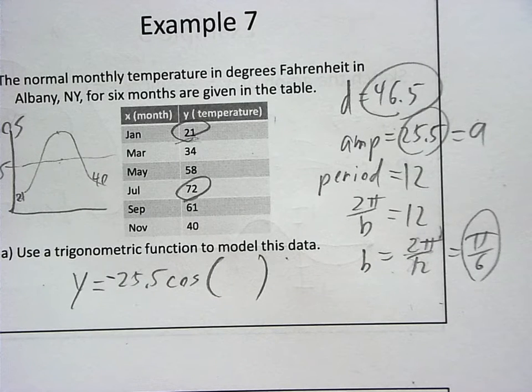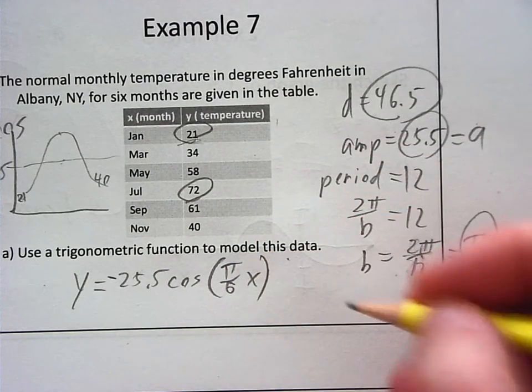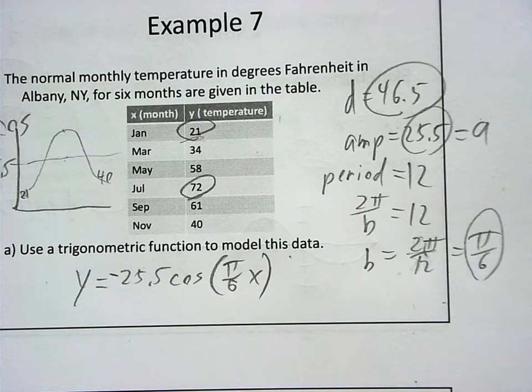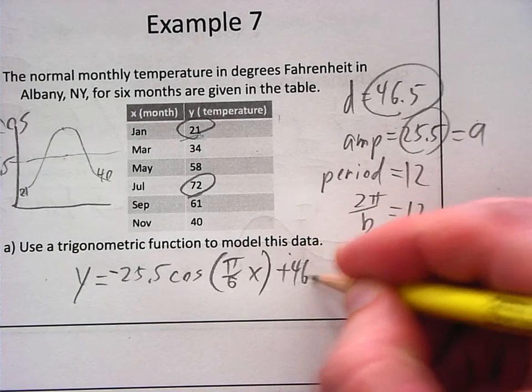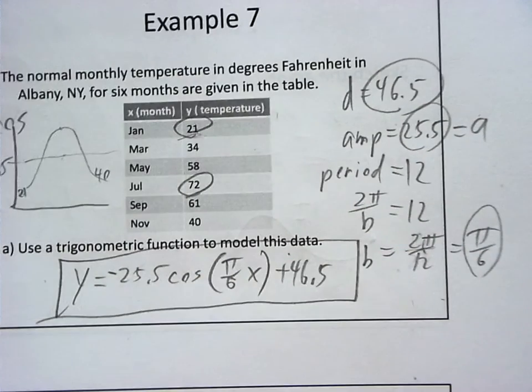Pi over 6x. Your b value is pi over 6 times x. I have nothing else added inside there because I kept the phase shift neutral. What else? Plus 46.5. That's your trig function that models this data roughly.